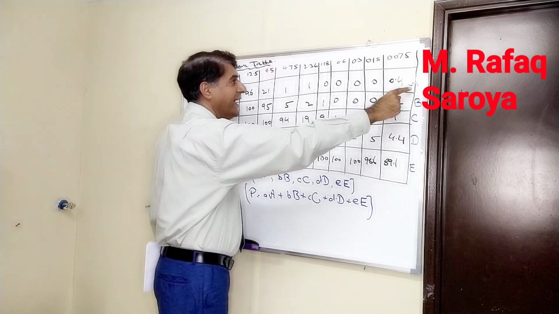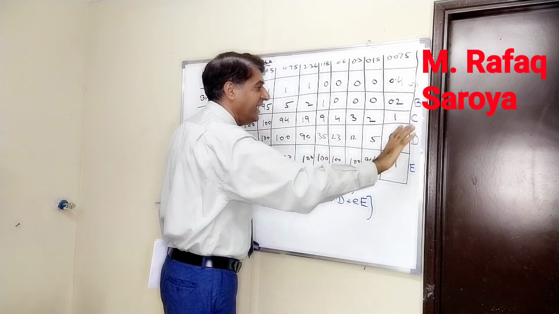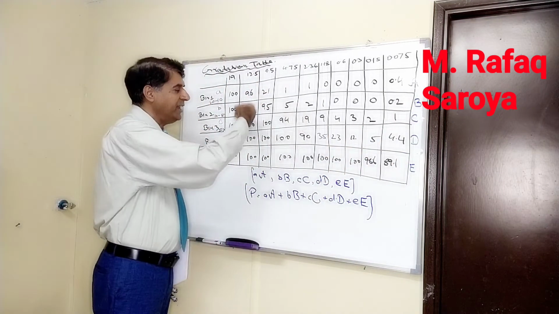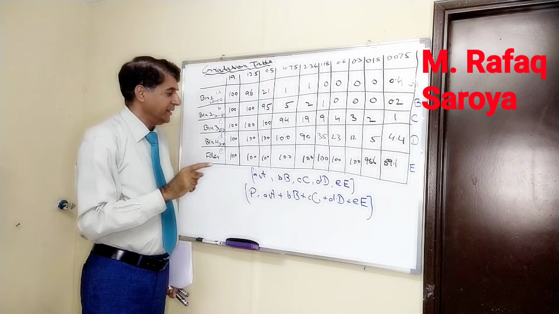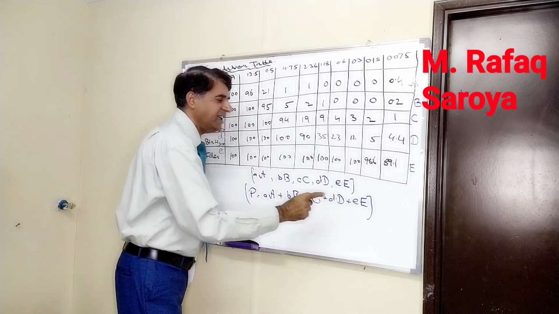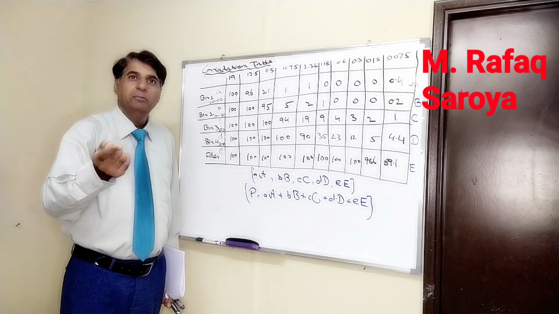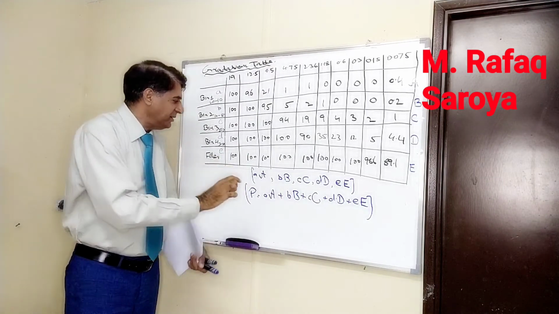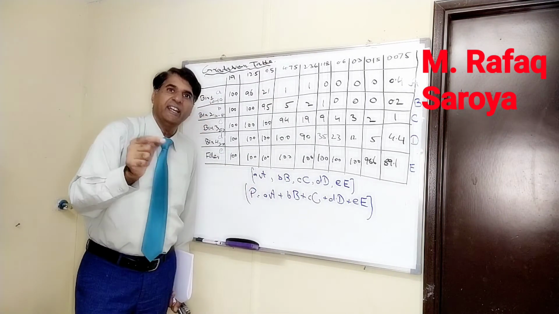This capital A cannot be changed. The values of capital B, C, D and E cannot be changed because they are the result of the gradation. But small a, b, c, d and e we will change. When we change them, this combined aggregate gradation will change.